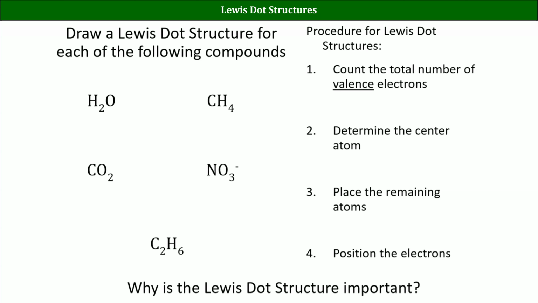Remember, we're talking about what it owns, so all the ones in bonds, it owns half of those. It's 5. So if it's got 4 and it started with 5, it's missing an electron, right? Correct.